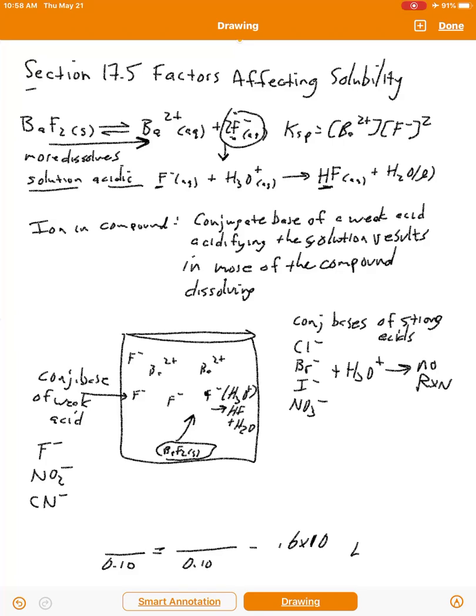So it wouldn't have any effect on any salts that had chloride, bromide, iodide, or nitrate, for example. Okay? So those are a couple different ways we can affect the solubility. The pH affects the solubility of some. The common ion effect definitely affects the solubility of compounds. So take a look at some of the practice problems, the sample problems.